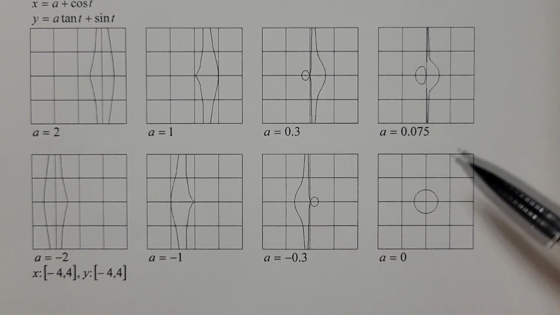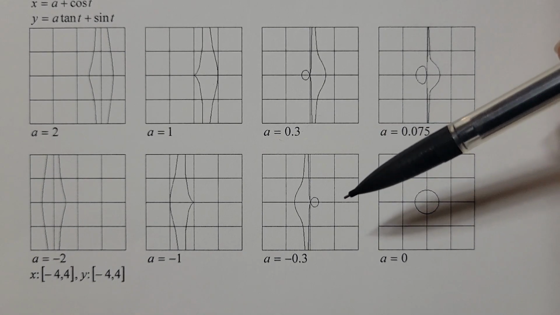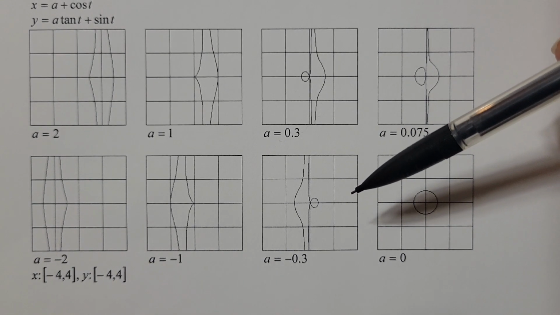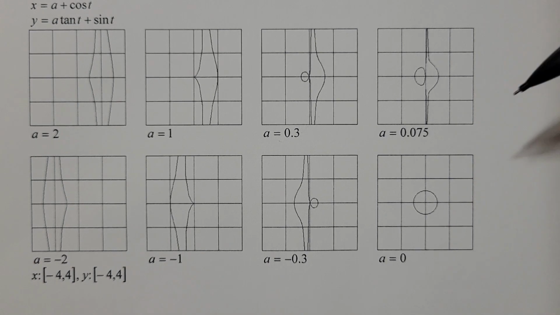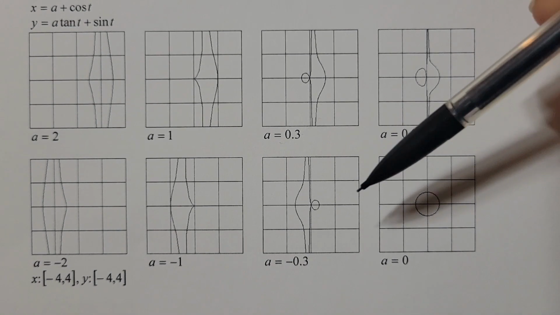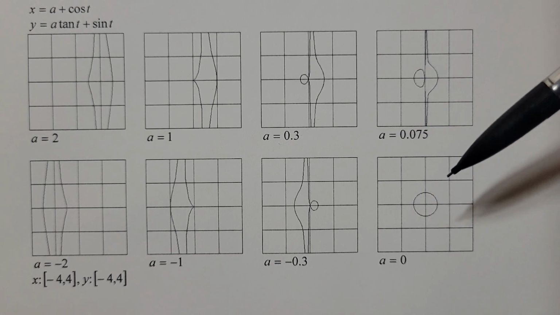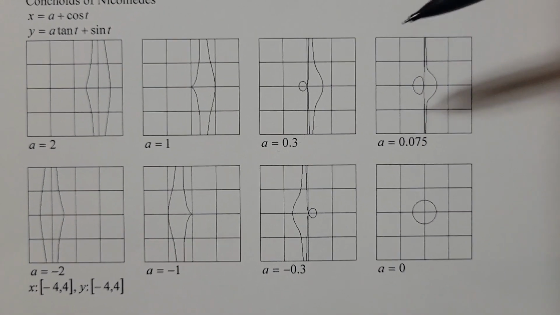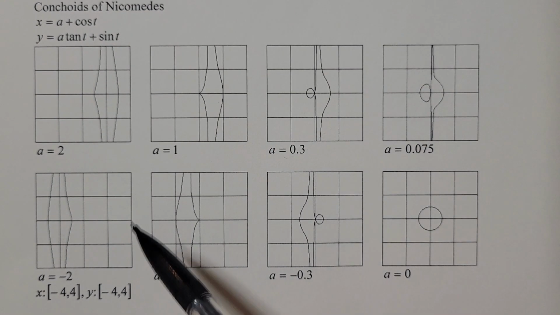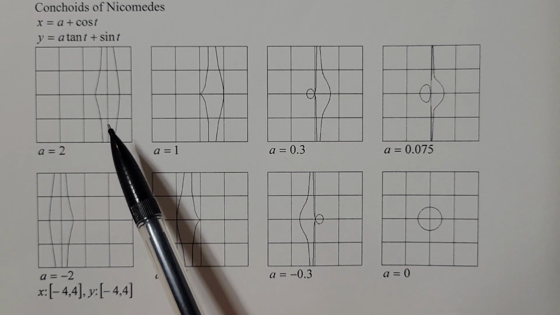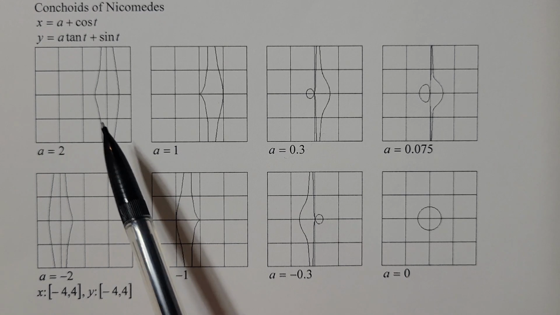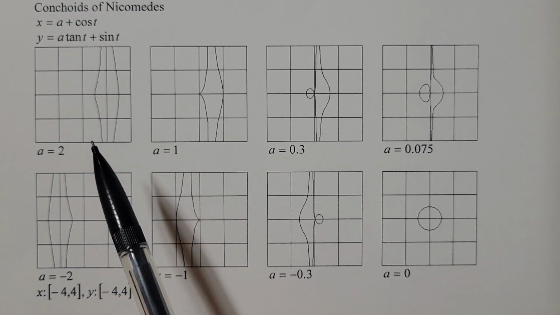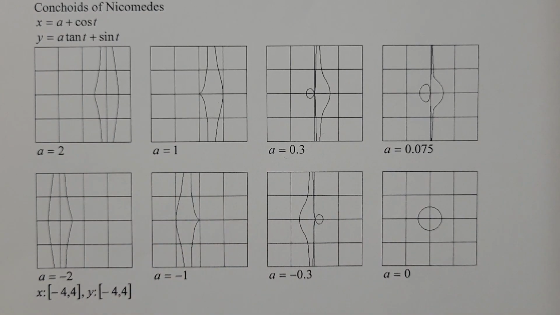The bigger the loop, the smaller the A value, the closer we are to 0. So I'm approaching 0 from the left, and the opposite of that would happen on the right side. So if A is some number bigger than 1, I get 2 smooth branches, and of course the bigger the A value, the smoother the branches are, the more distant they are.